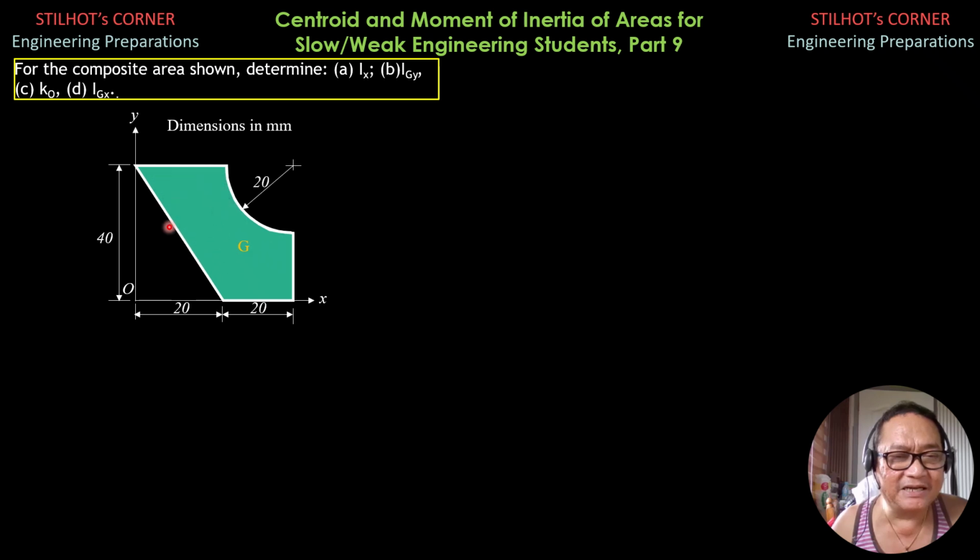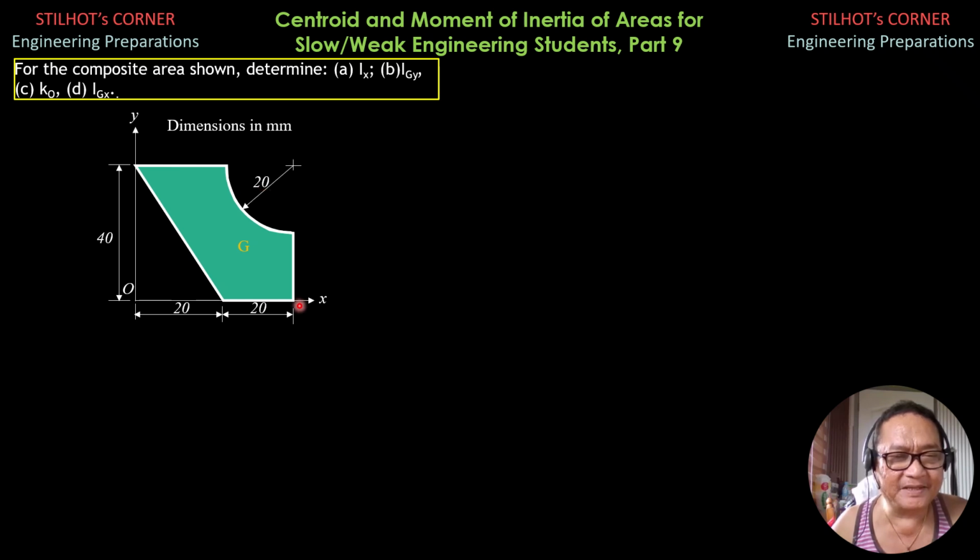So here is the figure. So Ix is simply Ix of square 40 by 40 minus Ix of triangle. All these have ready-made formulas except for Ix of this quarter circle, which should be transferred to the x-axis from its centroidal moment of inertia with respect to the x-axis.